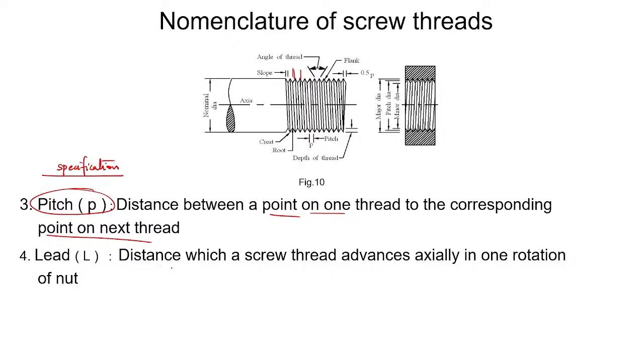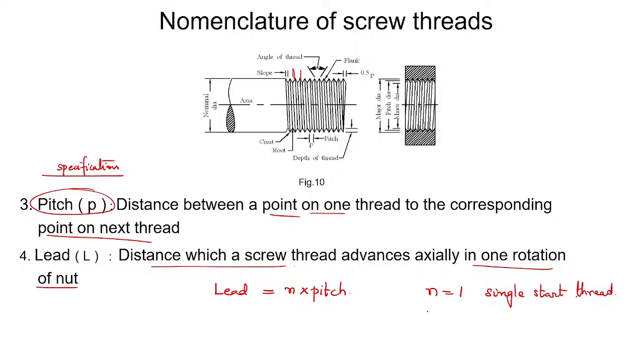Next is lead. It is the distance moved by the screw when one rotation is given to it. Lead is also expressed as pitch into N. N will be equal to 1 for a single start thread, which means for one rotation it advances by one pitch.